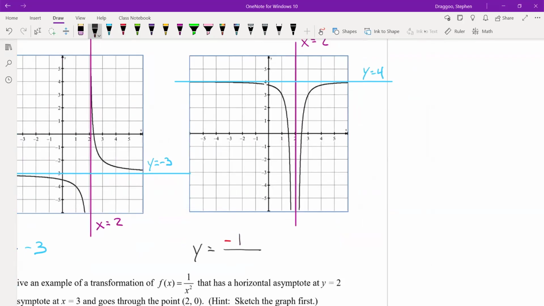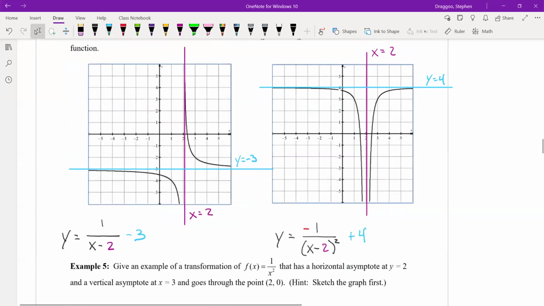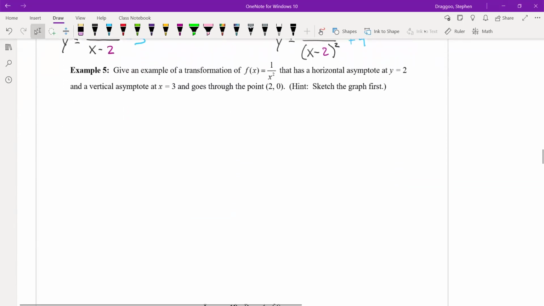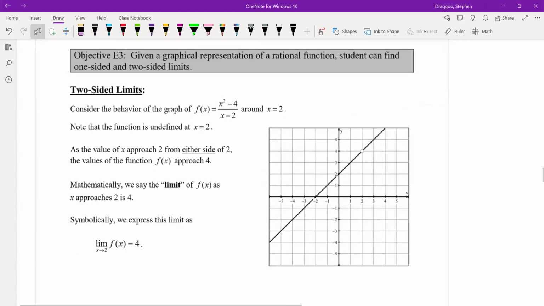So I'll have -1 over x minus 2 squared, and this time +4. Now I will fill out the rest of this example later, so check the written notes for example 5.